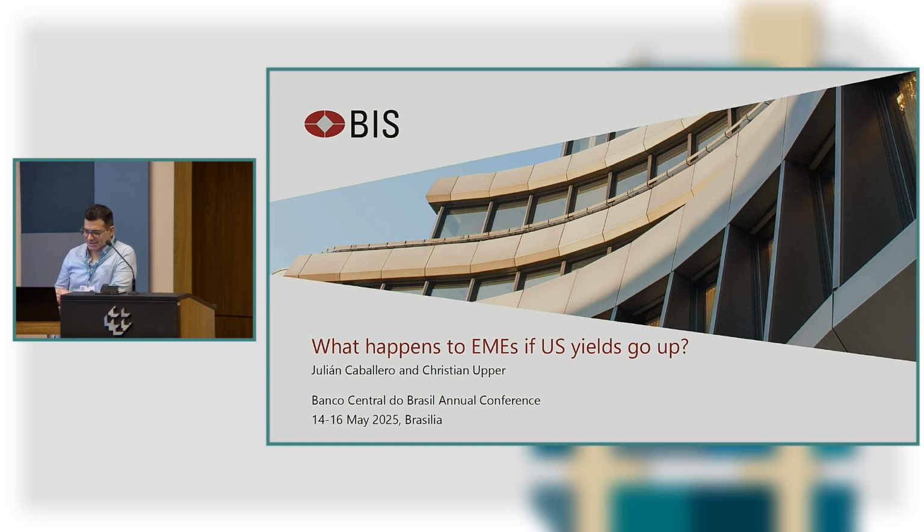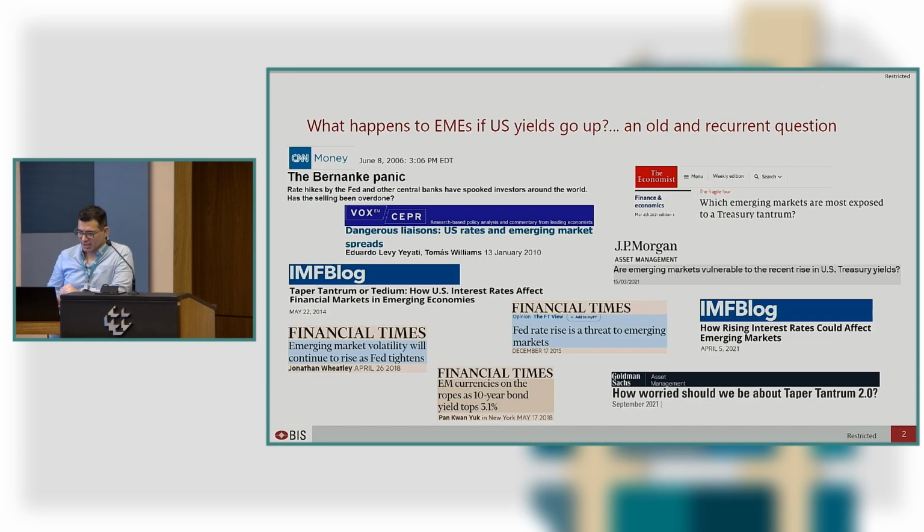And in this paper with Christian, what we do is we take a look at occasions or episodes in which there is a rapid increase in yields in the US, and we ask what are the factors that are associated with those episodes that end up being correlated with negative outcomes in asset prices in emerging markets.